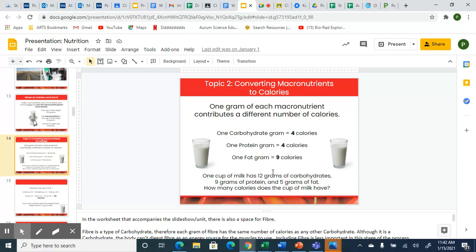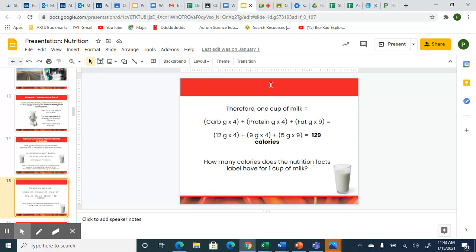9 times 4, 36. And 9 times 5 is 45. And 45 plus 36 plus 84, 165. 1 glass of milk is 165 calories.